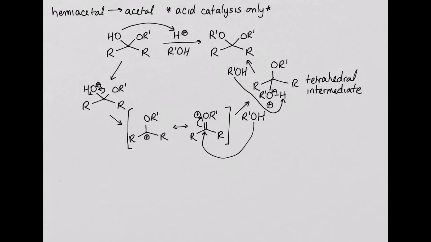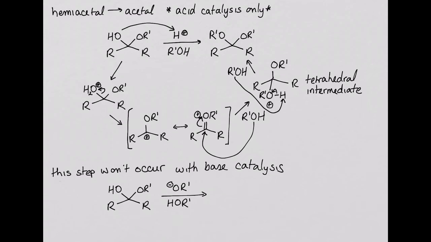Now, let's consider why this step, the transformation of the hemiacetal into the acetal, is not possible with base catalysis. If we treat the hemiacetal with base, the first step of this mechanism, just like the first step of the mechanism for formation of the hemiacetal, would have to be attack of the base.